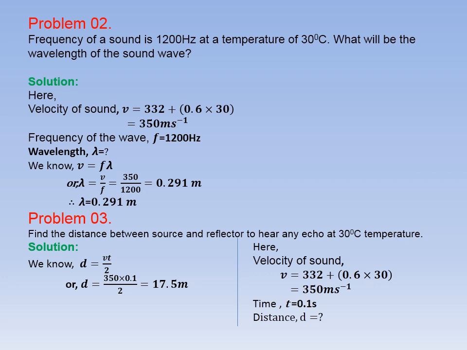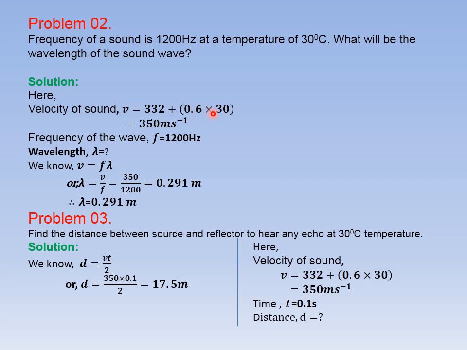So there is the calculation for velocity at the temperature of 30 degrees centigrade. I have written here that the velocity of sound at 30 degrees centigrade temperature is 332 plus 0.6 multiplied by 30. As you know, 0.6 means that for 1 degree centigrade temperature increase, the increase of velocity of sound is 0.6 meter per second.